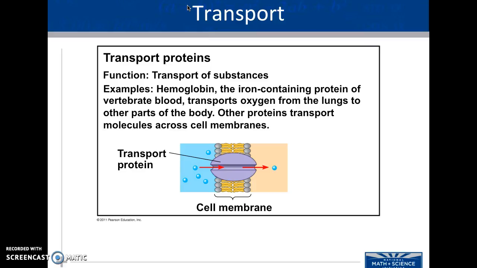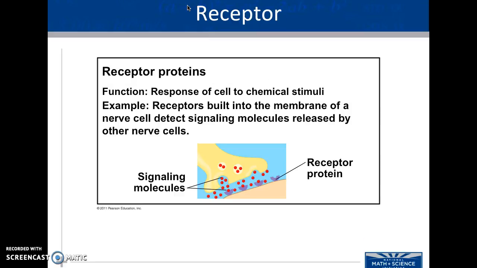Also transport proteins. There are ones that physically move throughout the body, and there are ones that are embedded in membranes. When we think about sodium potassium channels, that's a protein. Receptor proteins, the proteins that are involved in the synapse and the movement of neurotransmitters, hormones.